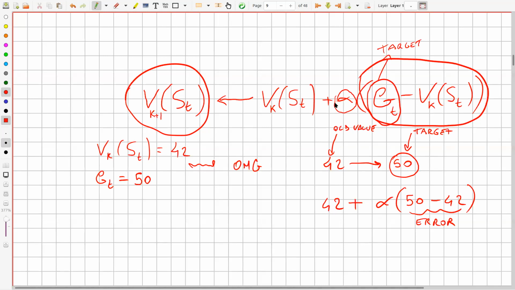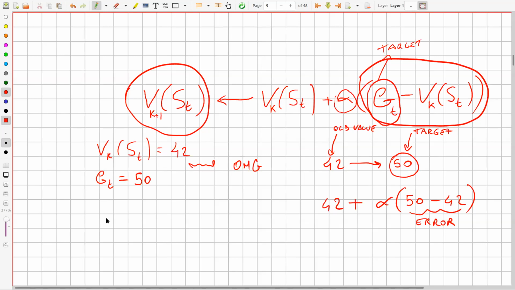Sorry, just to have a comparison with the formula you gave above with 1 over n of st. In this case, you would have updated the 42. For example, you could have had vk of st plus 1 over the number of times we visit a state in the episode that gave us the 50.